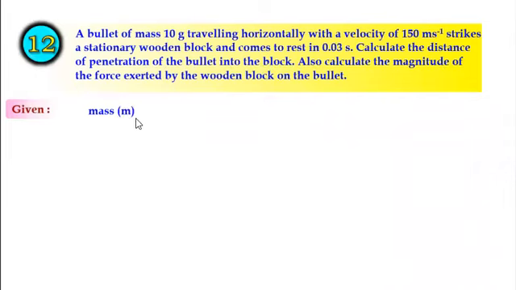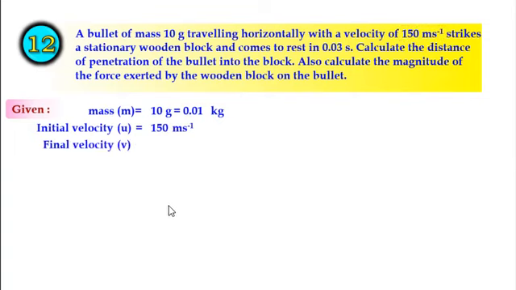So now note down the given data. Mass is equal to 10 grams, that equal to 0.01 kg, 10 by 1000. Then initial velocity U is equal to 150 meter per second and final velocity V is equal to, it comes to rest, so that means 0 meter per second. And time taken to come to rest is T is equal to 0.03 seconds.